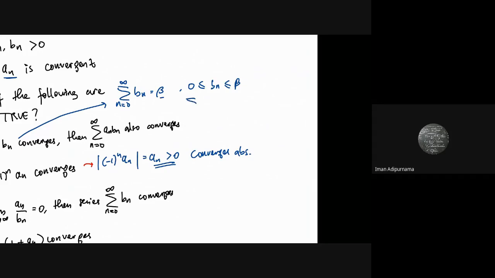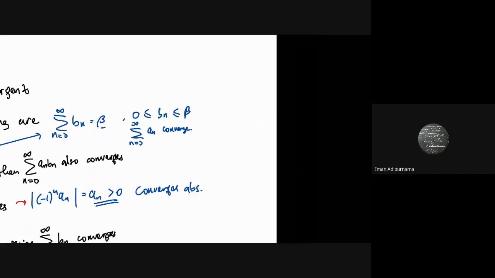And because an also converges, when you multiply with an here, it will be like that.